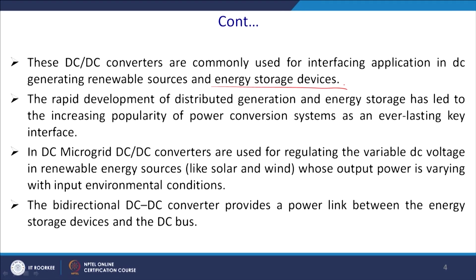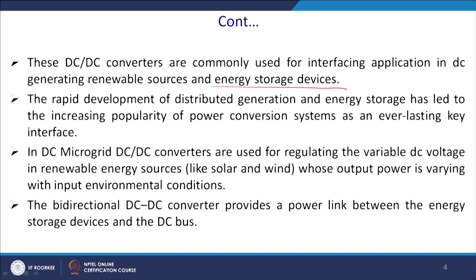The rapid development of distributed generation and energy storage has led to the increasing popularity of the power conversion system as an everlasting key interface. So, this is gaining popularity day by day.